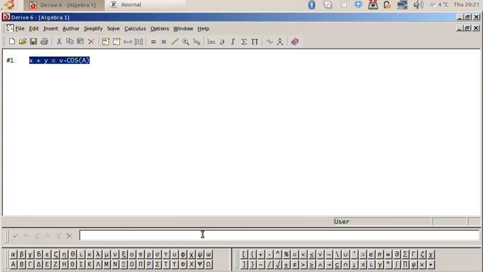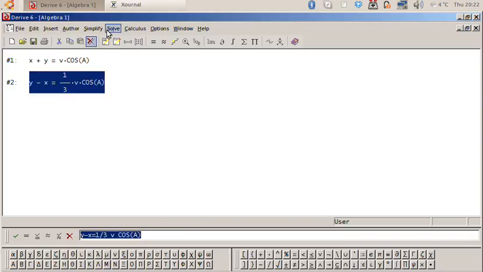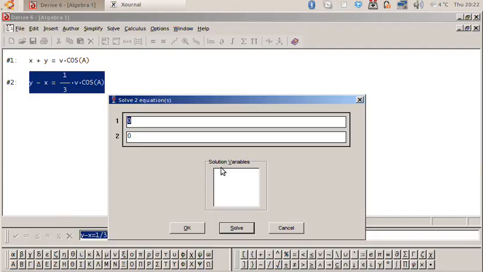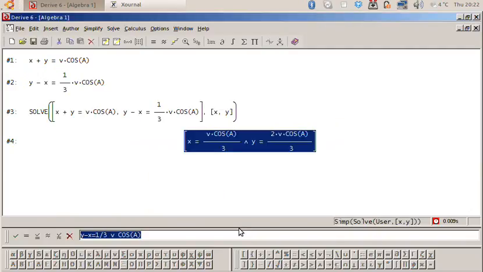Q minus P. So that's Y minus X equals a third V cos alpha. Solve system, two of them, line 1, line 2, x, y, solve. Alright, so P is 1/3 V cos alpha, and Q is 2/3 V cos alpha.